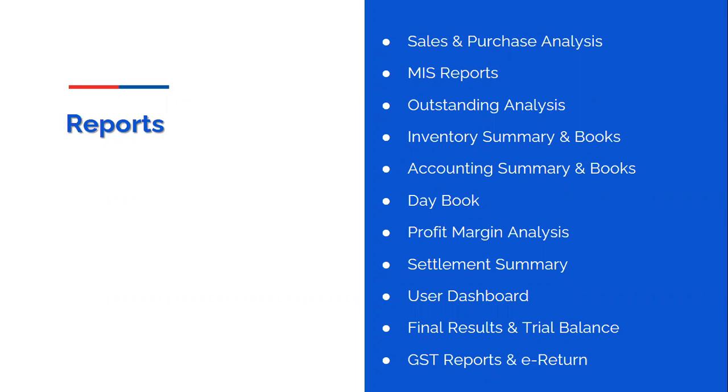If some customers have taken credit purchases from your side, at that time you need to send a payment reminder to them. That is possible. Also you can analyze the aging wise report, bill level outstanding report, item wise outstanding report, etc. With the help of this outstanding analysis report, you can easily follow up your payments.